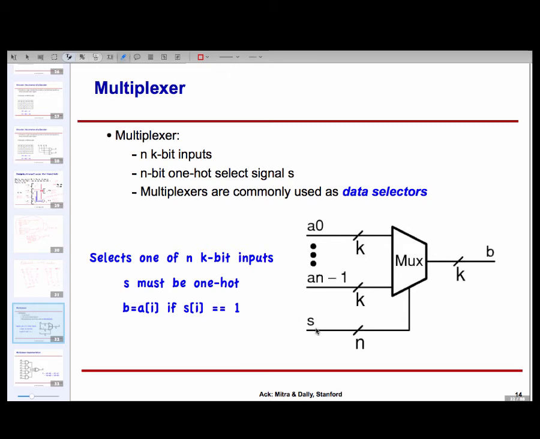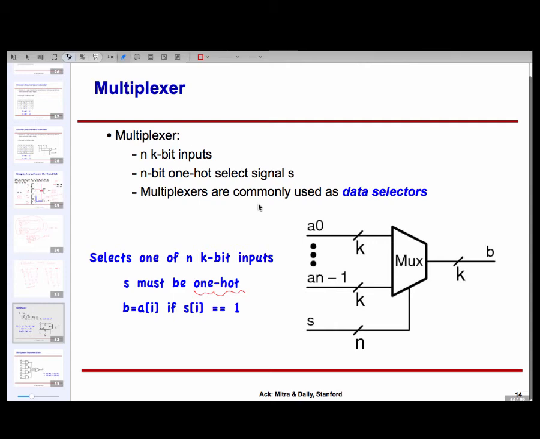So this is the control input, and it is one-hot coded. That's very important. It's basically saying that if the ith bit of S is high, that means I'm selecting the ith source, and therefore B should be equal to Ai. I take the k bits of Ai and steer them to the corresponding bits on the output. So this is what a multiplexer does. Again, inputs are one-hot coded.